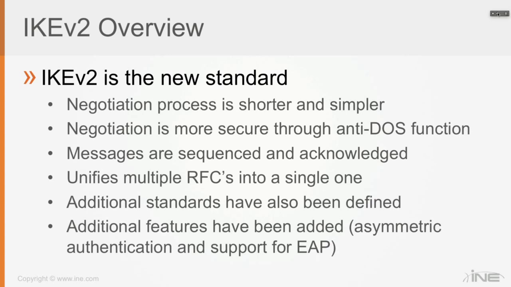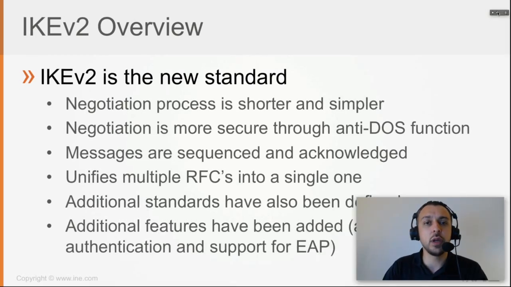One of the built-in functions in IKEv2 is a real and functional anti-denial of service. What that means is that when the VPN peers negotiate the IPsec tunnel and end up with key material, we need to make sure that this process is not susceptible to denial of service attacks. In IKEv1, that was not built in to begin with.